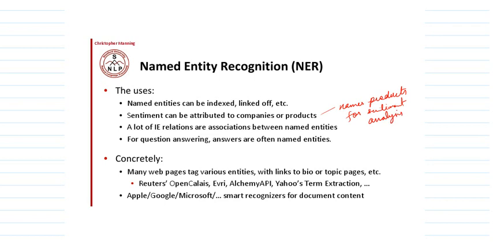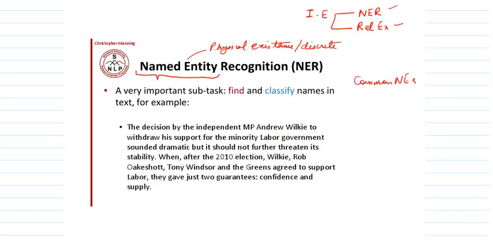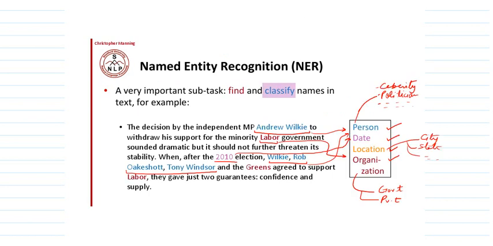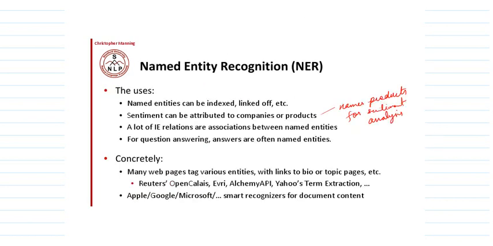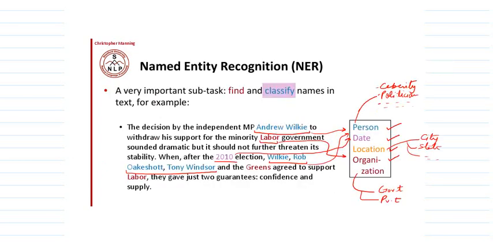Similarly, we can identify relation extraction between different entities. A lot of information extraction relations are associations between the named entities, right? A person could be an employee, or could be working at some place.